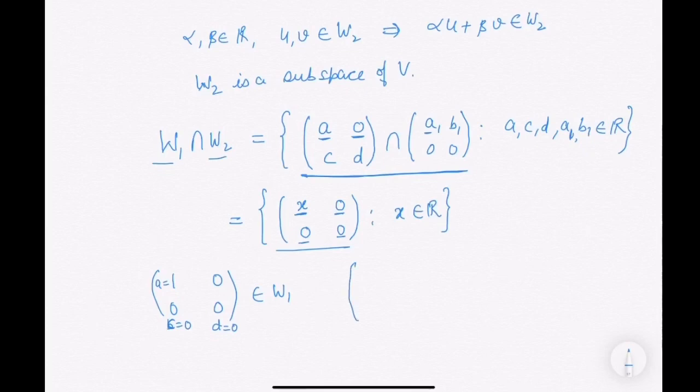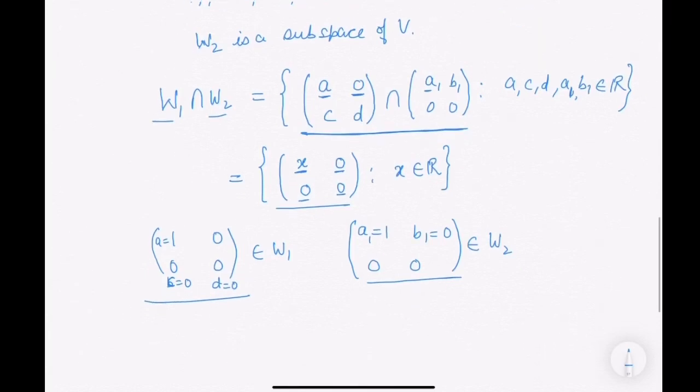And in case of W2, this element A equal to 1 here, B1 is 0, and the bottom two rows of type 0. So this element belongs to W2 because this element is of type W2, and with these values of A, C and D, this element belongs to W1.